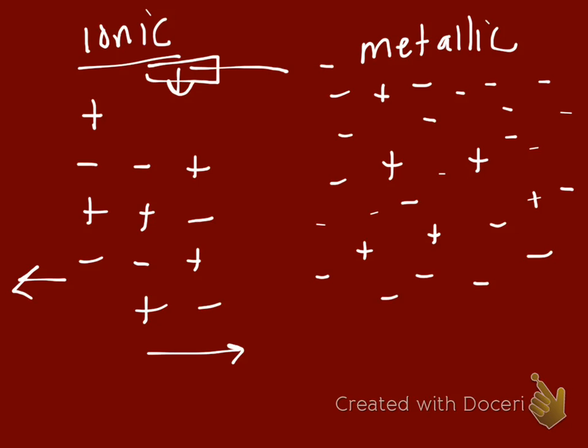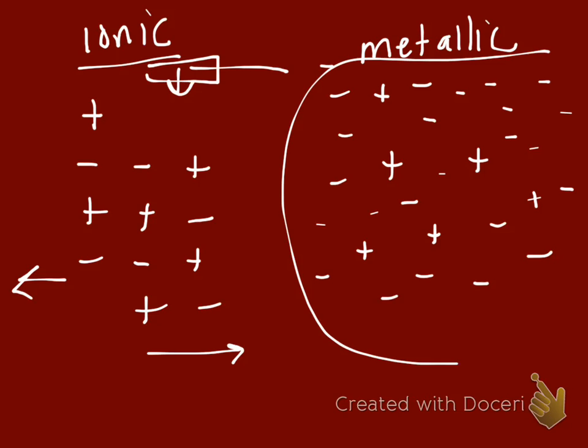If we hit this thing with a hammer, are suddenly the forces not going to line up? No. They're not dependent on that very orderly system of attraction. So you can hit it with a hammer, you can bend it, you can pull it into a thin wire. Malleability, ductility. And those bonds of attraction are going to stay strong internally. So this thing is not going to just shatter apart.